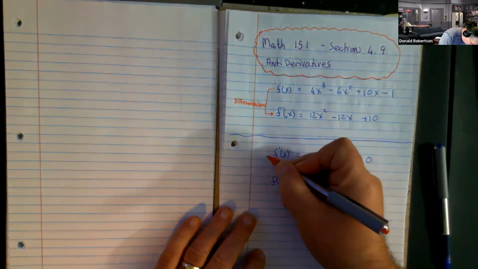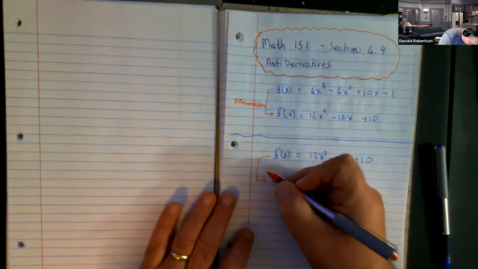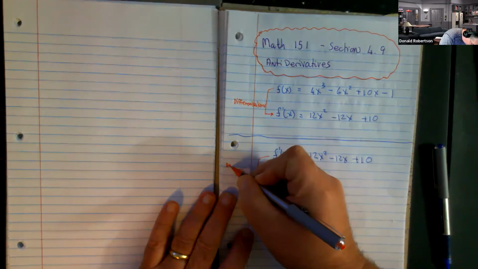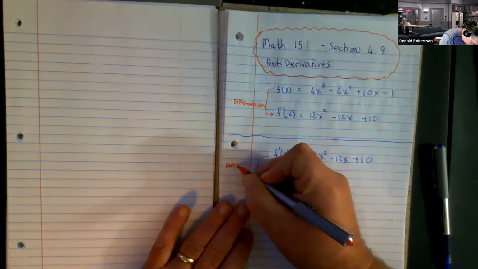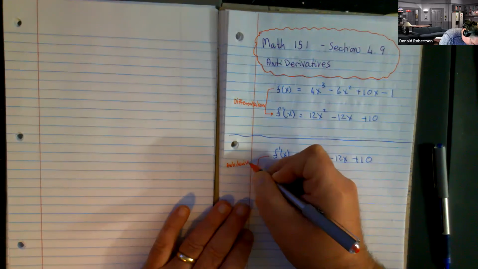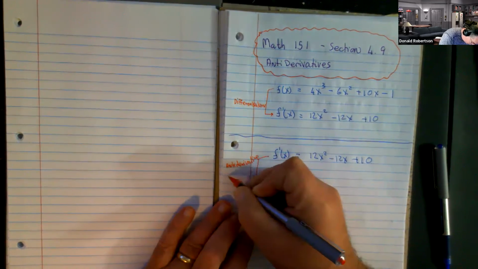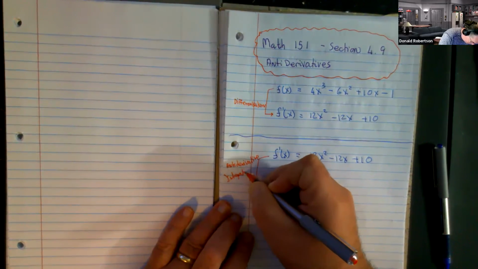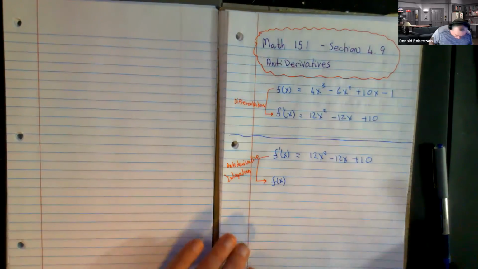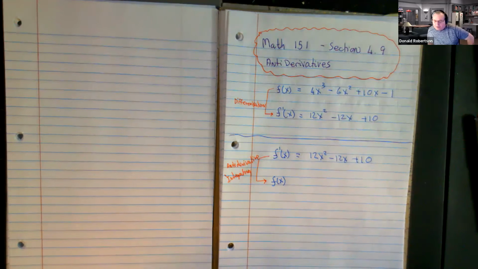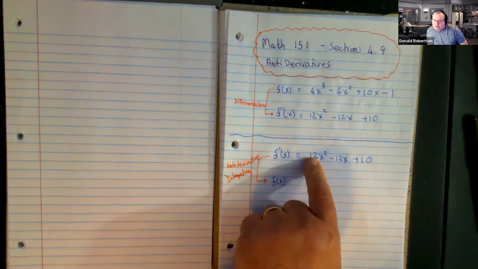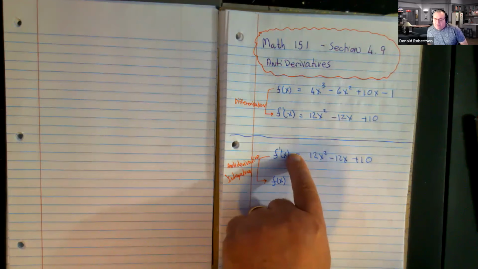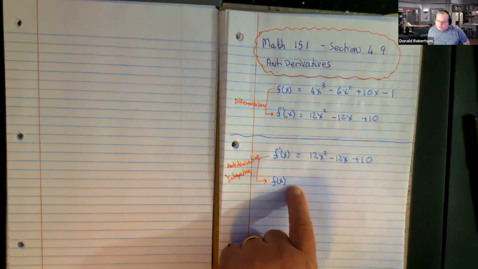And when you go that way around, this process is called antiderivative. It's also got another name, it's also called integrate. And that's what we're going to be focusing on today and tomorrow. How to take a derivative and essentially find the original function.